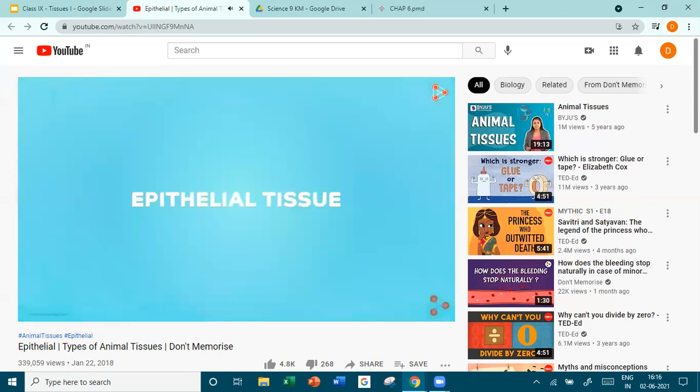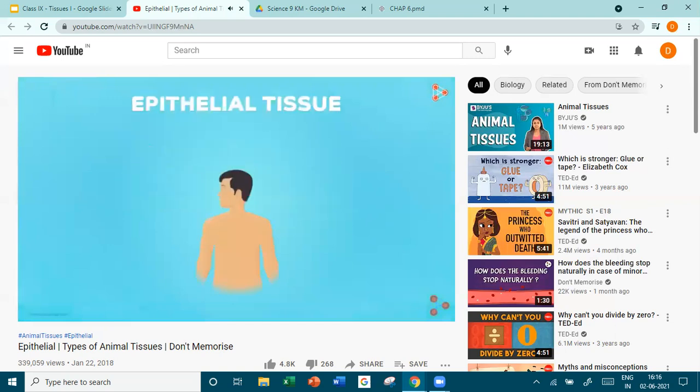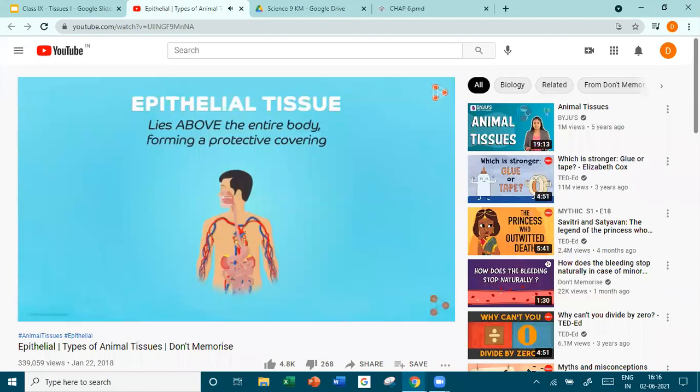As the name says, epi is above, thus epithelial tissue is the one which lies above the entire body, forming a protective covering. Along with covering the body, it also forms a barrier between the various organs separating them. Now the structure of the epithelial tissue is quite evident from its function. Yes, since it has to perform a protective layer, it cannot afford to have spaces between the cells.